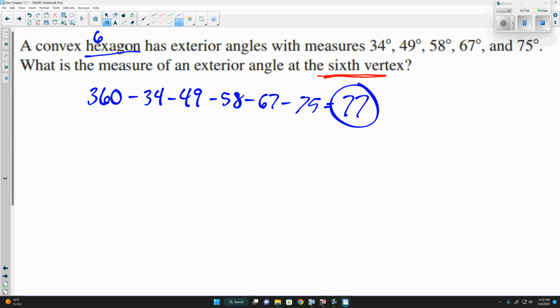Making sure we're not going too fast through this. Sum of exterior angles. Okay.